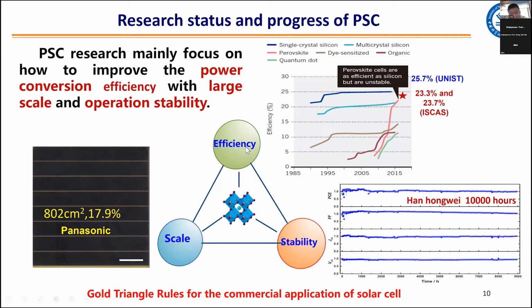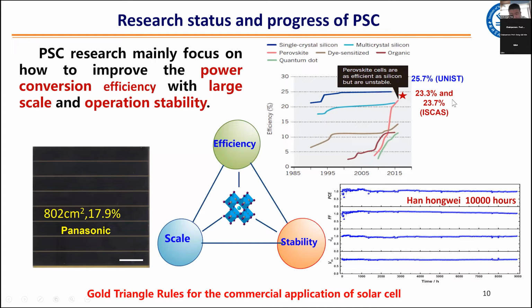The first one is efficiency. In the lab, we can see very fast development of perovskite solar cells. The highest certified efficiency, as I mentioned, is 25.7%.